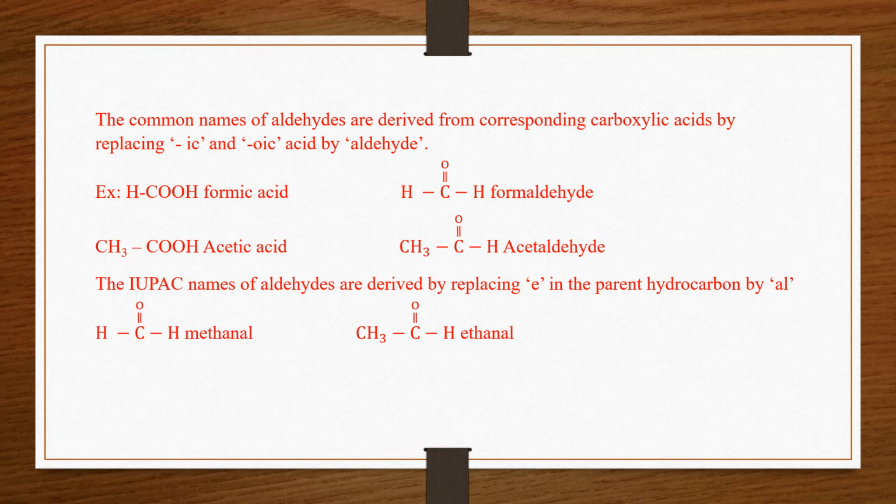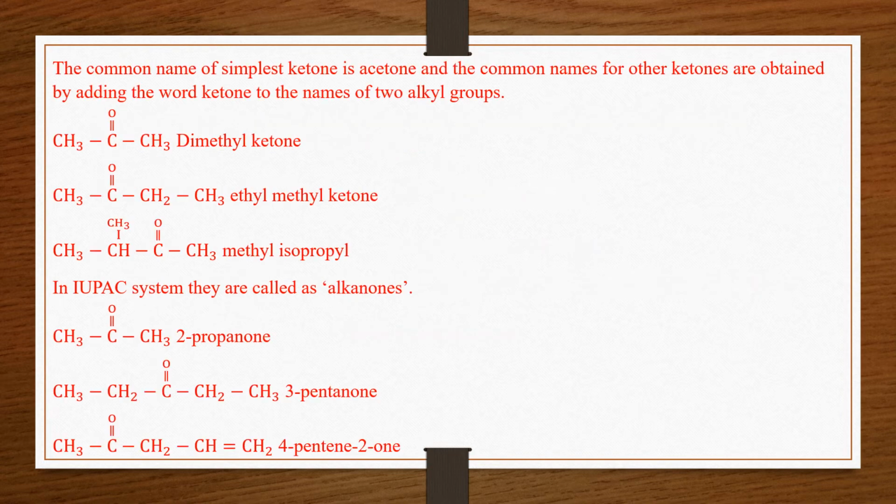Remove e from ethane, spelling E T H A N E. By removing e and adding al, we get ethanal. So the IUPAC name of acetaldehyde is ethanal. Formaldehyde's IUPAC name for HC double bond O H is methanal, and acetaldehyde's IUPAC name for CH3 C double bond O H is ethanal. Next, moving to ketones.